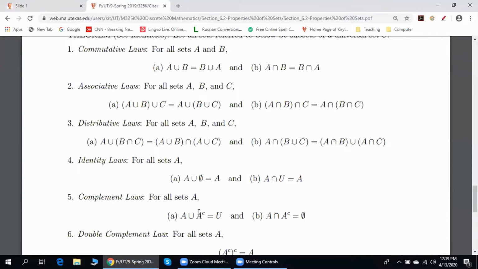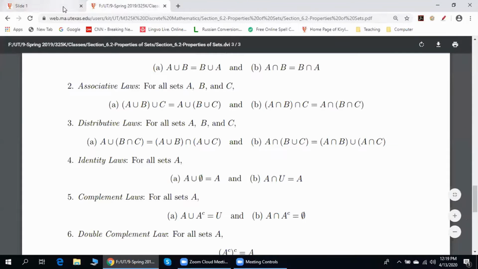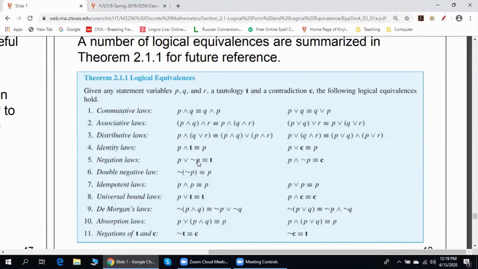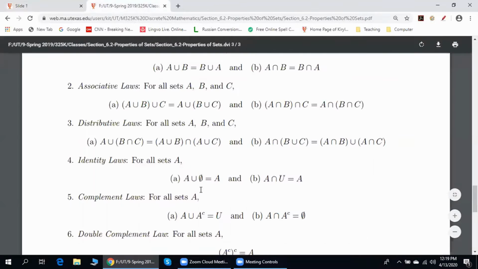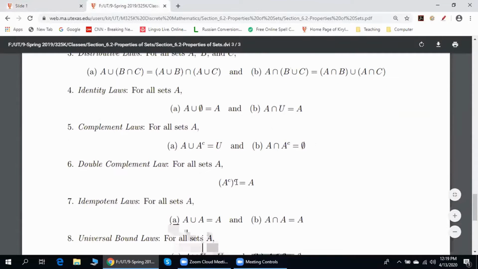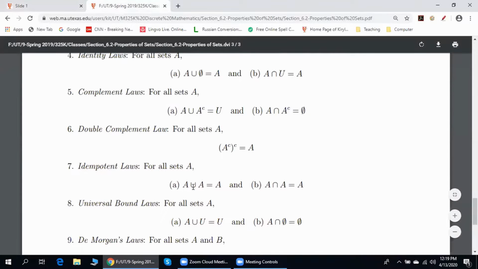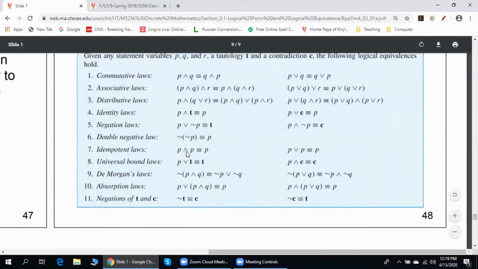So it looks like complement plays a role of negation of P. Number 6, double negation law. Here, double complement law. Number 7, A union A is A, A intersection A is A. Over here, P and P is equivalent to P, P or P is equivalent to P.